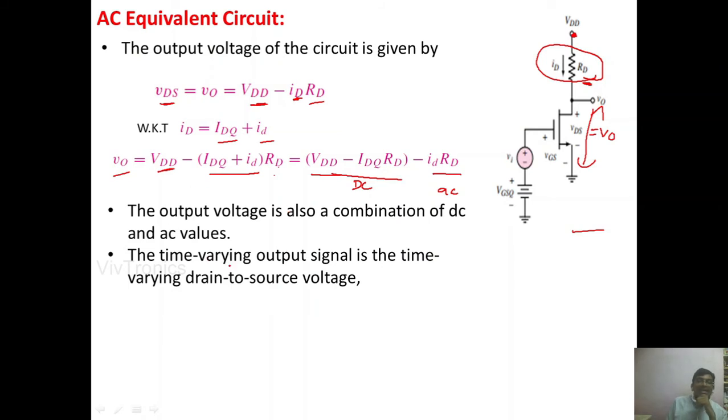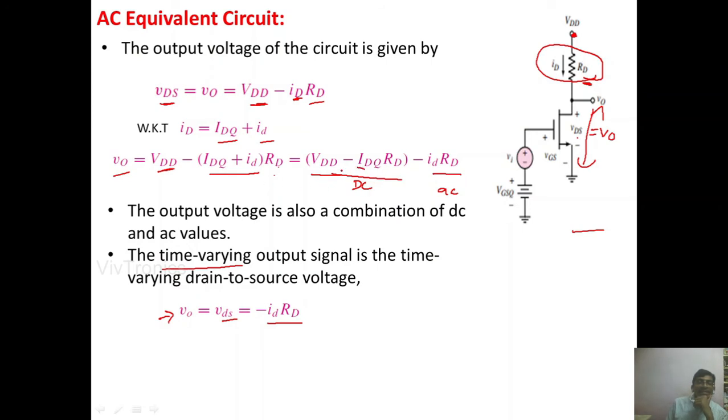So let us see, the time varying output signal is the time varying drain to source voltage. So V0 is nothing but VDS, where V0 is equal to VDS, that is equal to minus id into RD. As I am assuming the output voltage is a pure AC signal, which is a time varying signal, the output is equal to only this minus id RD term.